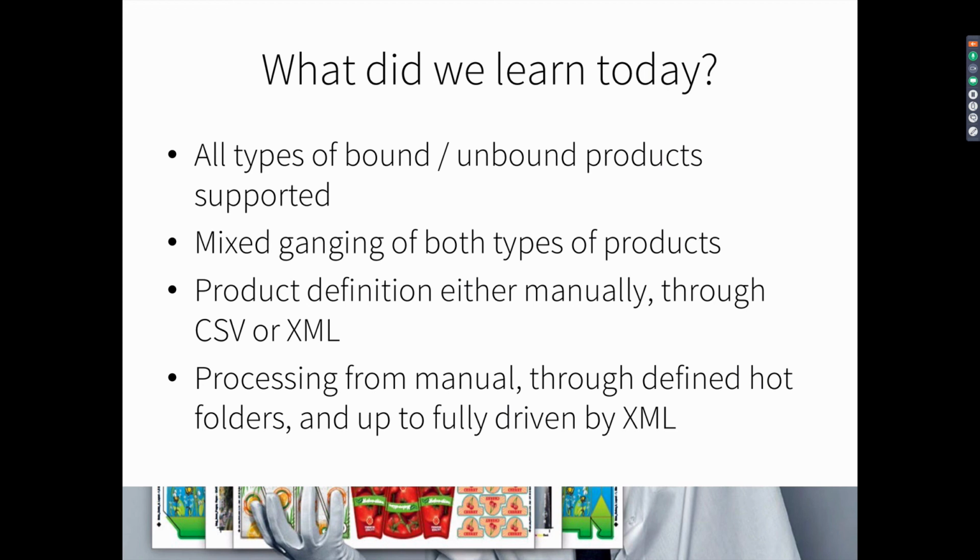It can do mixed ganging or nesting of these products, even though they might be different types of products. You can define what you want to do either manually in Imp, you can define the jobs in CSV, you can define the jobs and what you want to do in XML. It all depends what type of workflow that you have.